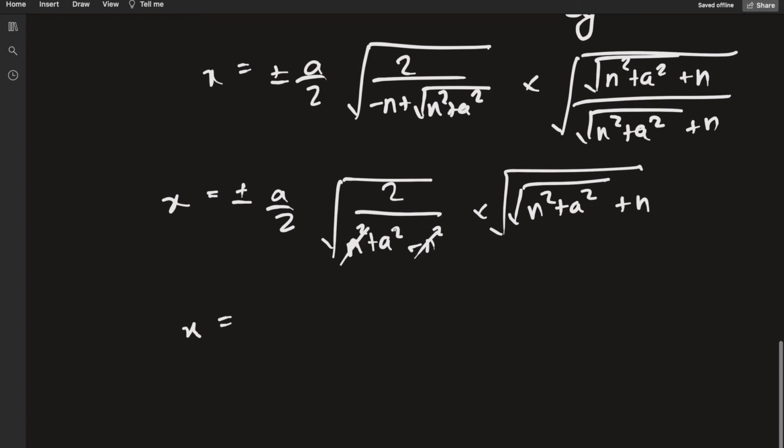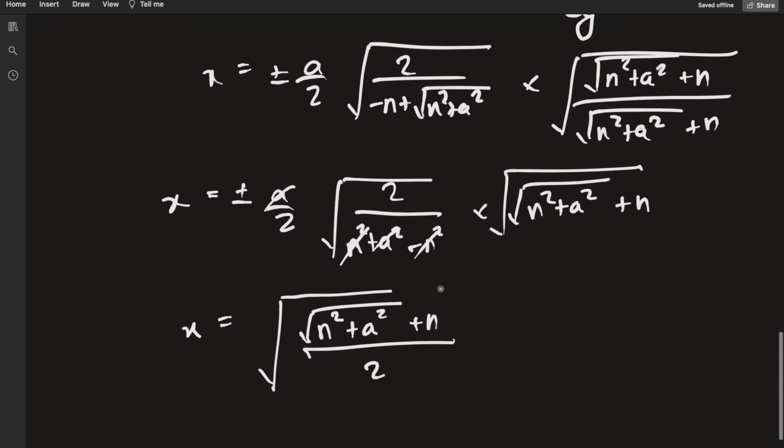A squared under square root is just a, that cancels out with this. 2 and a square root of 2 will give you a square root of 2 in the denominator. So we can take a common square root for everything. We have finally square root of n squared plus a squared plus n over 2.